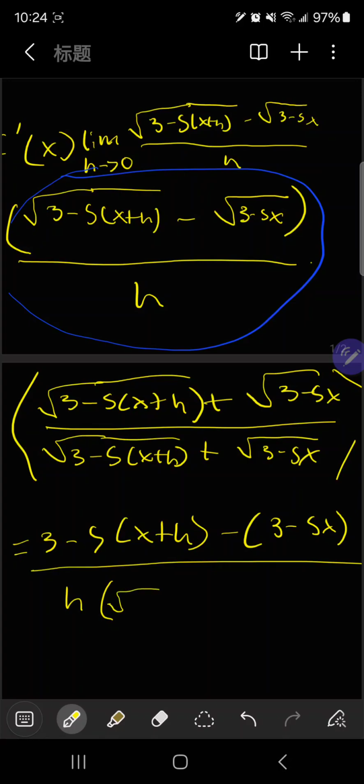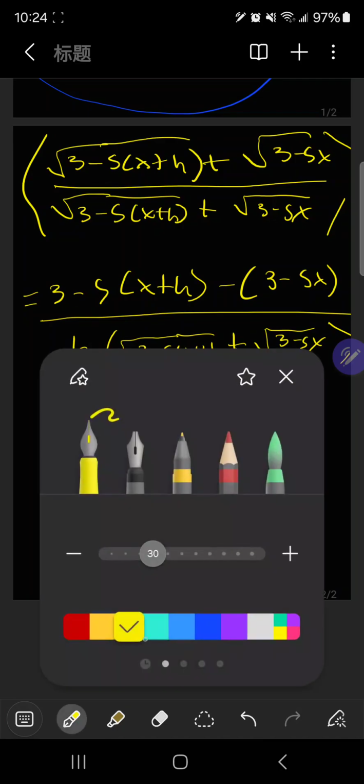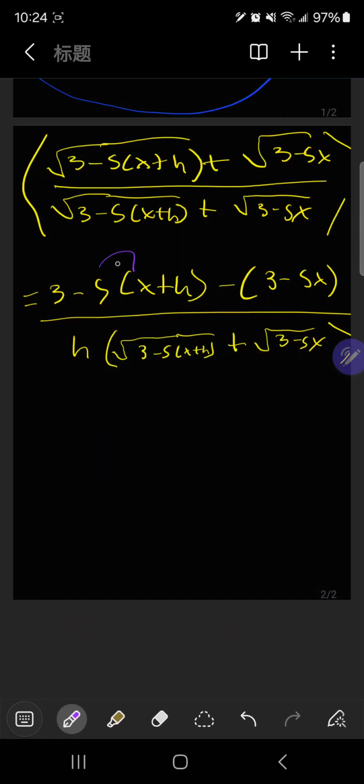It's going to be root 3 minus 5x plus h. That's so tiny. Plus root 3 minus 5x. Okay. I'm going to close that in parentheses. Let's keep going. And then what I could do is multiply it in, so it makes more sense. Like that. You see this?